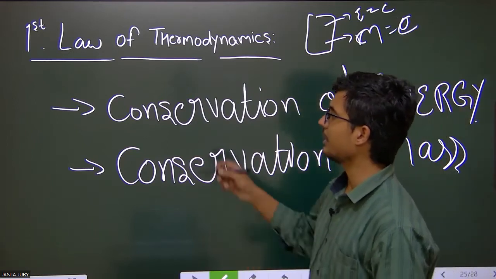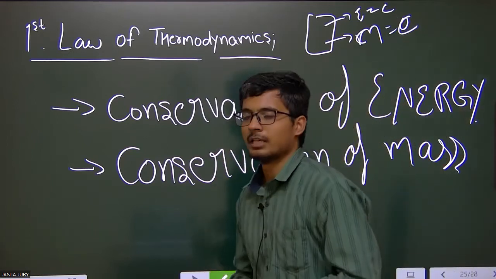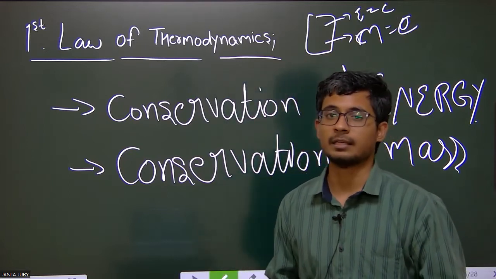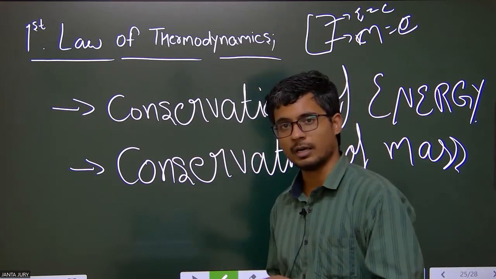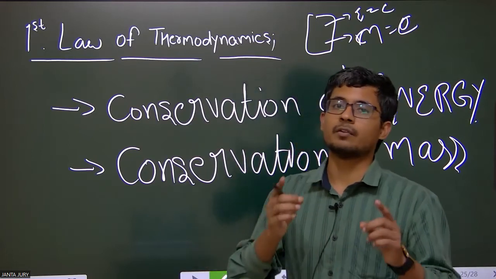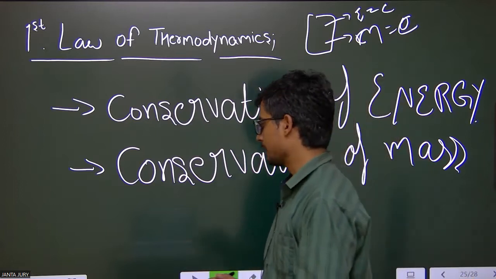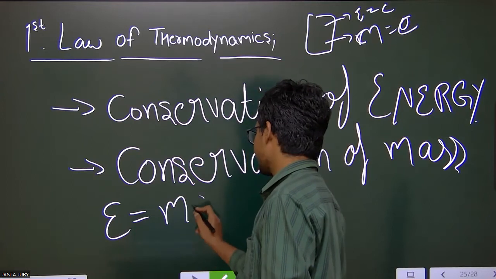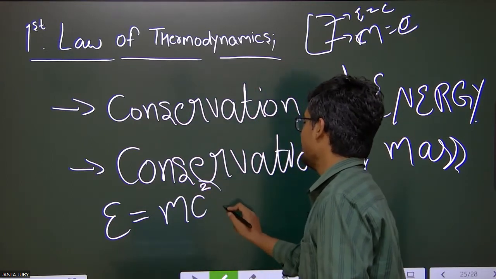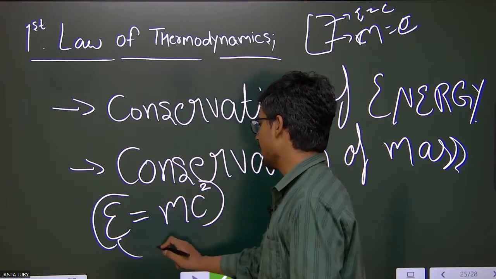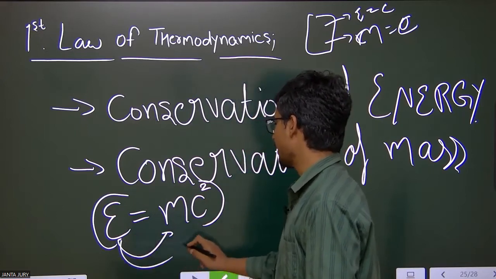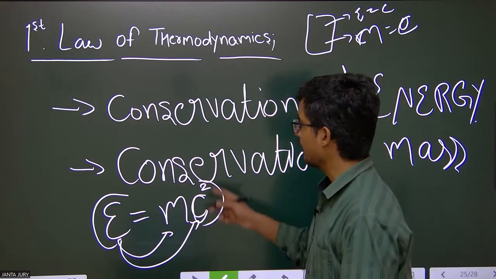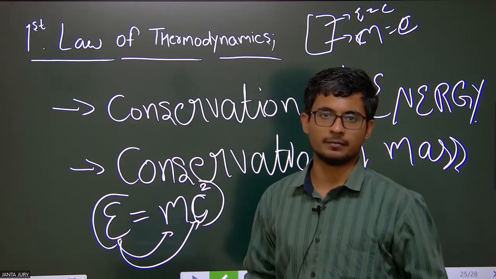In the form of a definition, we can say the first law of thermodynamics states that neither energy nor mass can be created or destroyed, but it can be converted from one form to another. For example, we all know Einstein's famous formula, E equals mc squared. From this we understand that energy can be converted to mass, can be converted to speed, but it cannot be destroyed, nor be created.